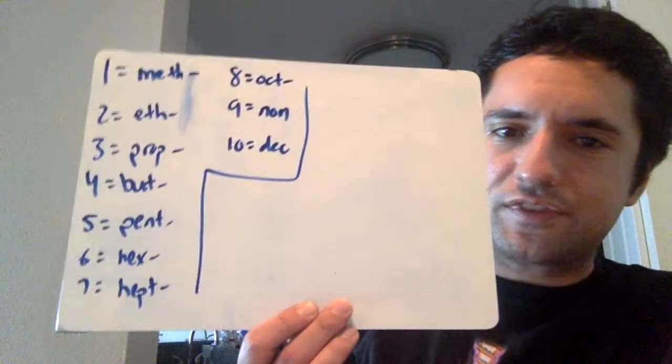You wouldn't have to know any of this at all. All right, so that's meth, eth, prop, but, pent, hex, hept. 8 is going to be oct. 9 is non. And 10 is dec.